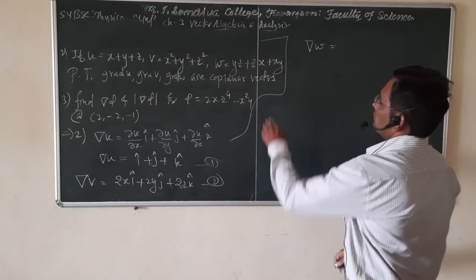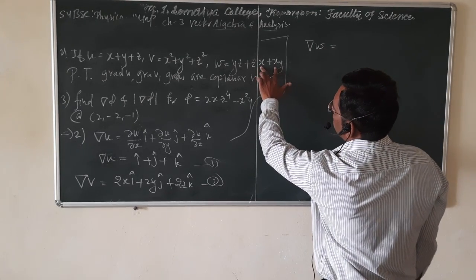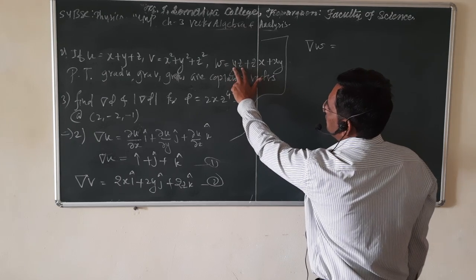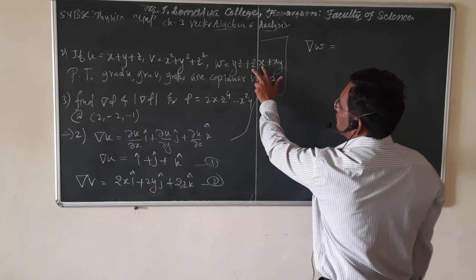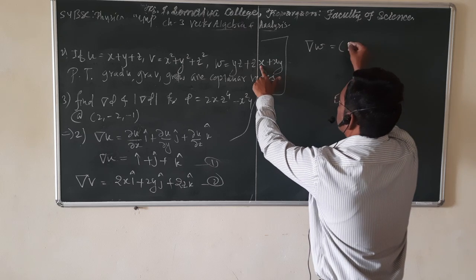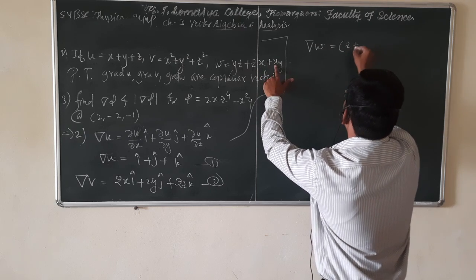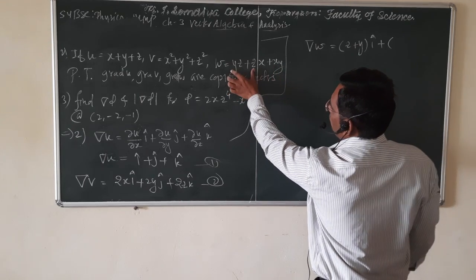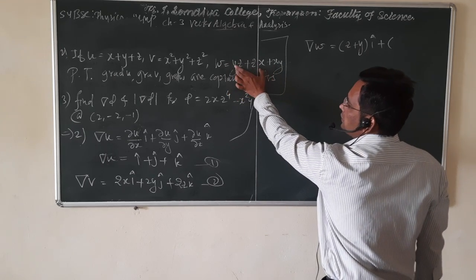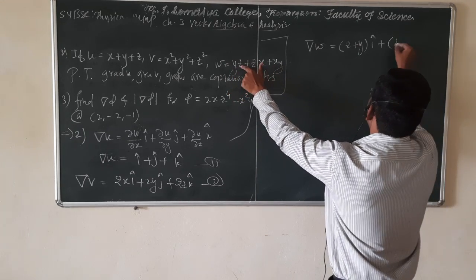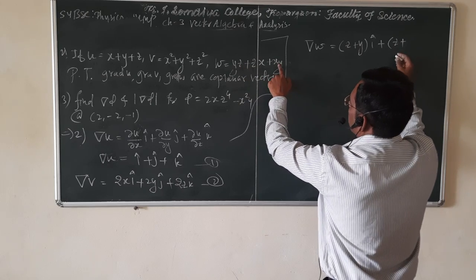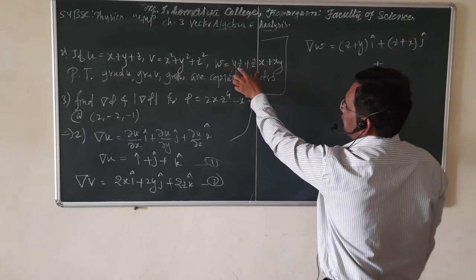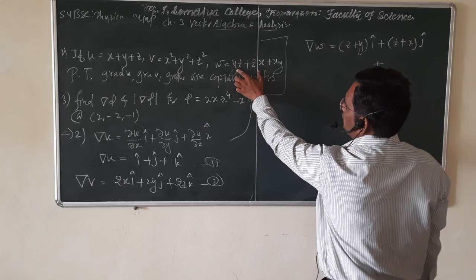This term becomes 0, and here it becomes z, here y, into i cap. Now we have to take the partial derivative of w with respect to y. So z plus x j cap, plus next we have to take the partial derivative with respect to z.